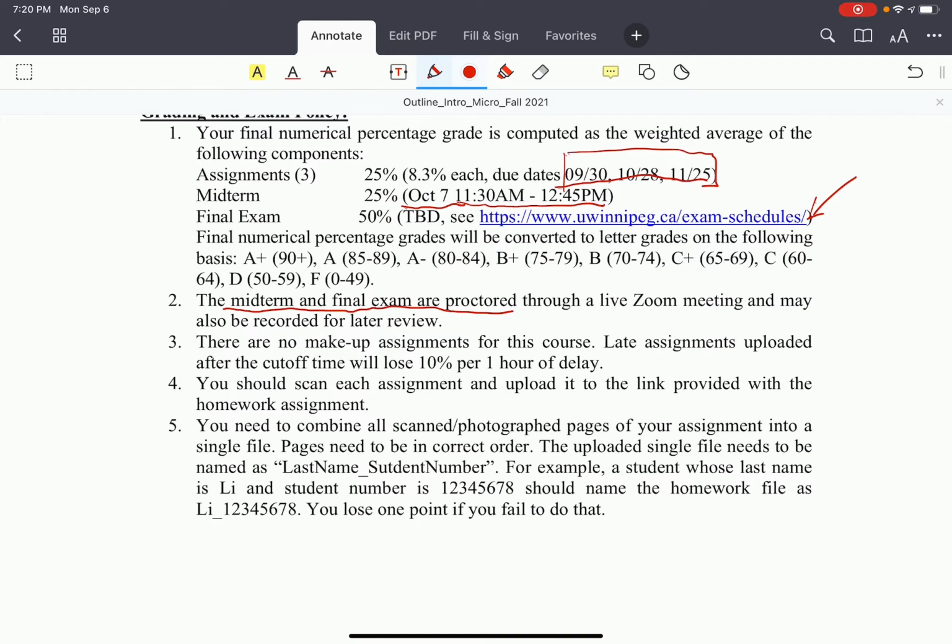And then as to homework assignments, first, there are no makeup homework assignments. So if you have to miss your homework assignments, then you will lose the 8.3%. And if you're late, then there will be a penalty. You can see that I am imposing the following penalty: after the cutoff time, you will lose 10% per 1 hour of delay.